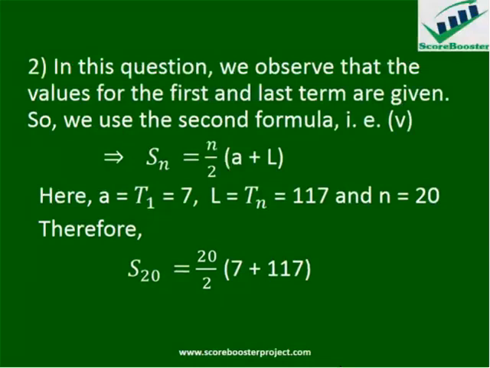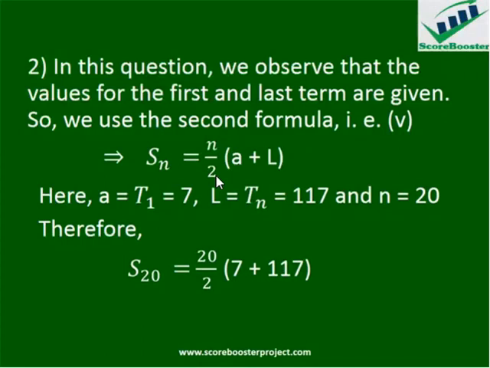So we'll move to the second question. Here, in this question, we were given the value for the first term, the value for the last term, and the value for the number of terms. So we are asked to find the sum of the first n terms.